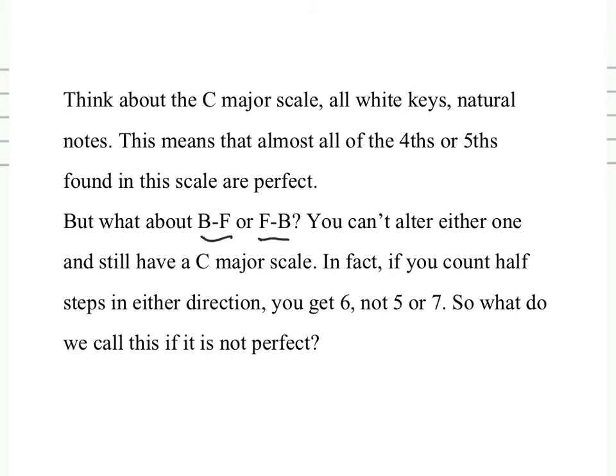Or if you try to make this a perfect fourth by altering the F to F sharp, that's not a C major scale anymore. So in fact, if you count half steps in either direction from B to F, you get 6 half steps, not 5 or 7. So what do we call this if it's not perfect?